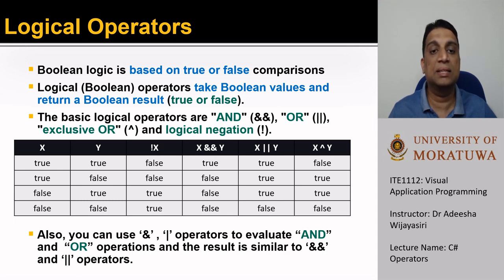The difference is conditional logical and, which is denoted by two ampersand symbols, will not evaluate right hand side operand if the left hand side operand evaluates to false. Similarly, conditional logical or, which is denoted by two vertical bars, will not evaluate its right hand side operand if the left hand side operand evaluates to true.